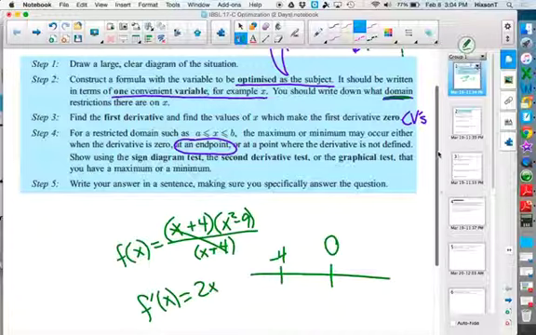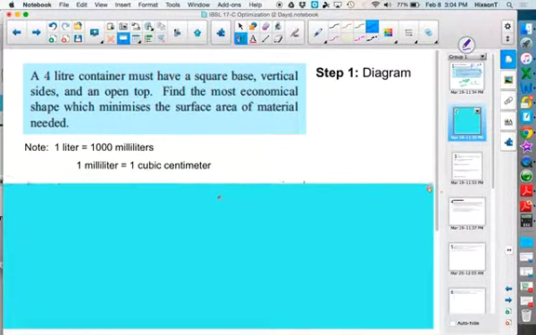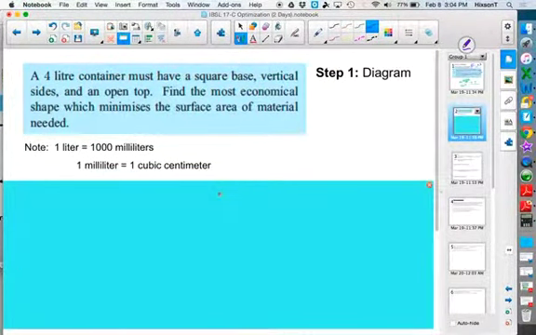Okay? So, let's work through this whole process here with the following problem. Okay? Here we have a 4-liter container, and it has to have a square base, vertical sides, and an open top. Okay, so a couple things here. It has to contain 4 liters exactly. It has to have a square base, vertical sides, which means this is a square prism here, and an open top.